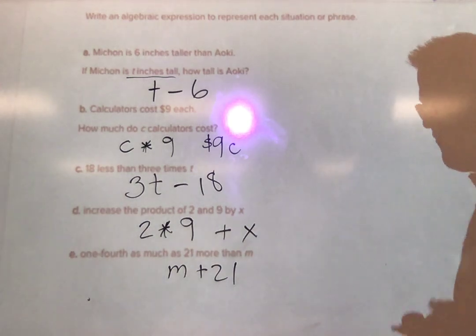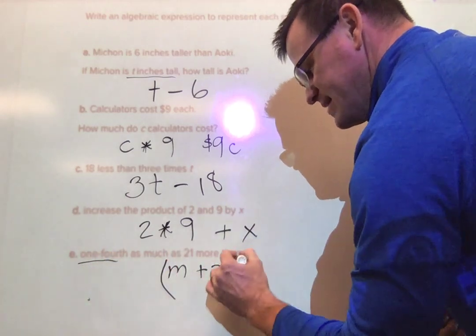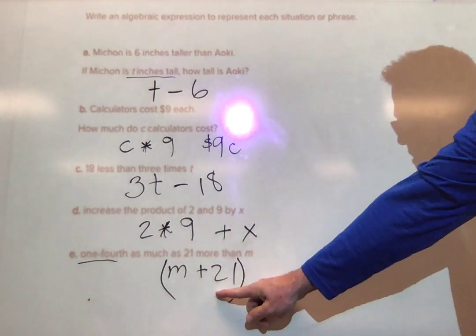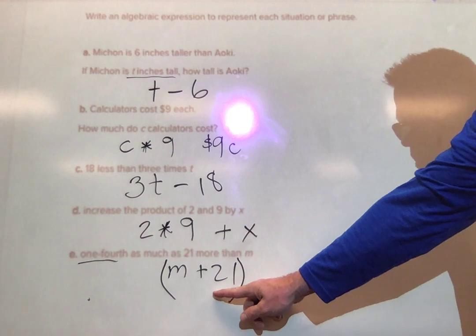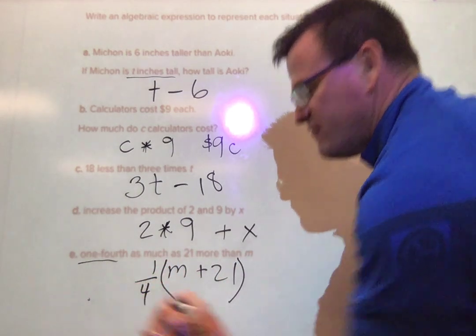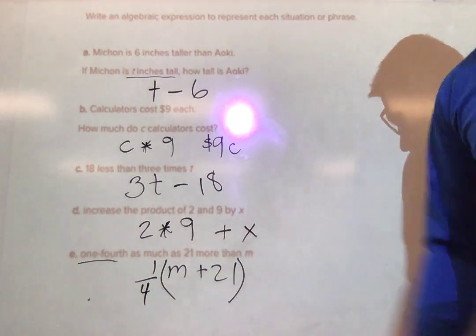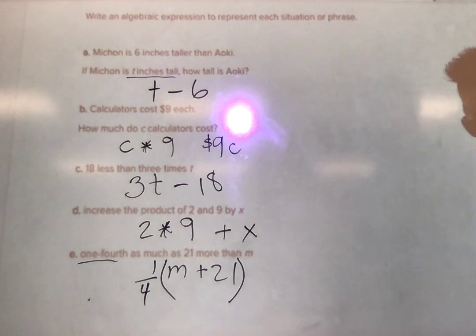And then if I want 1/4 of that, using what they gave me, 1/4 here, I need to put that in parentheses because I have to do that first. That's 21 more than M, and if I want 1/4 of that, remember, I can multiply by 1/4. And I don't need to use a multiply sign there because no symbol means multiply. So that's one way to write it.